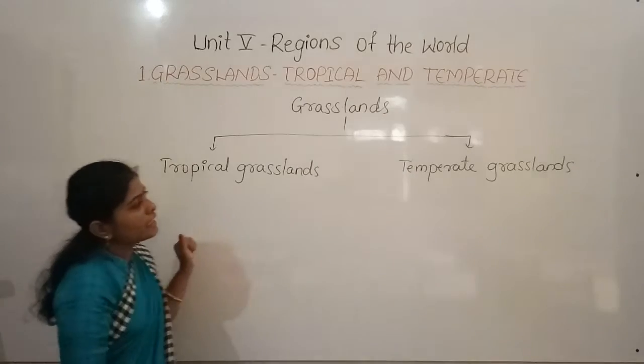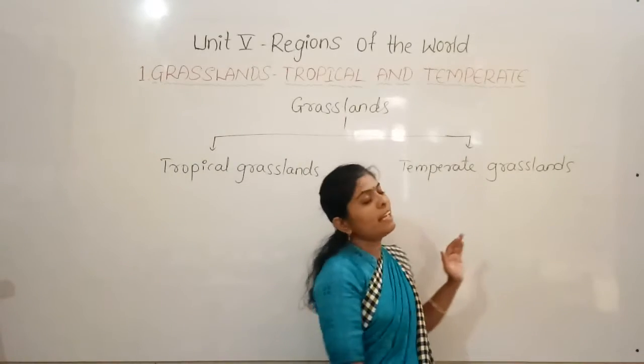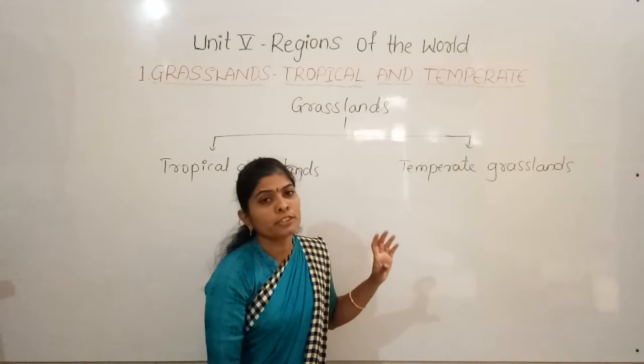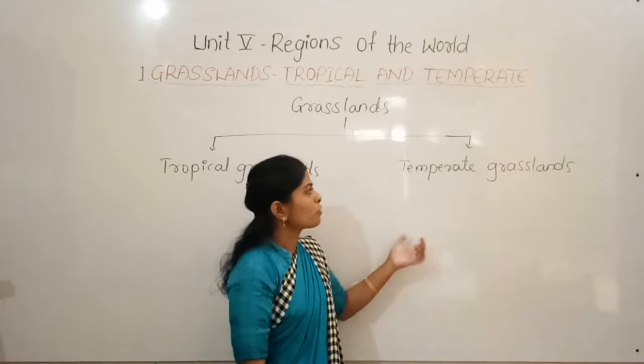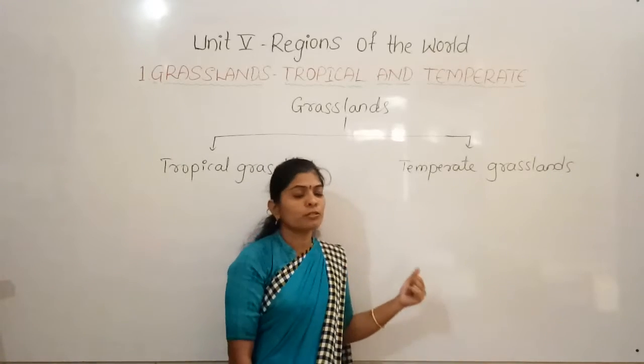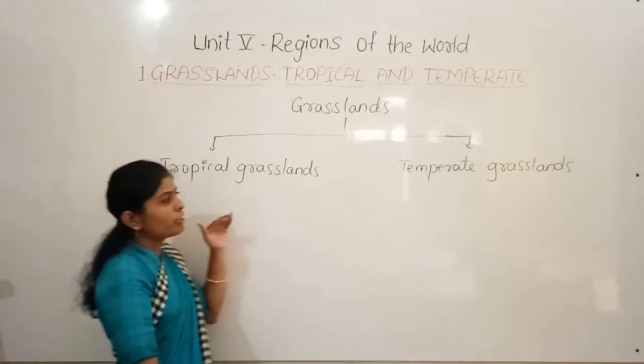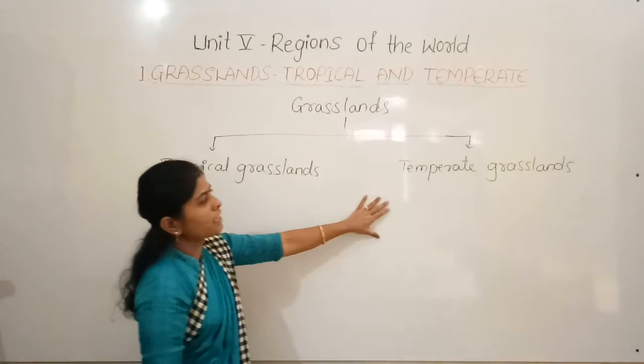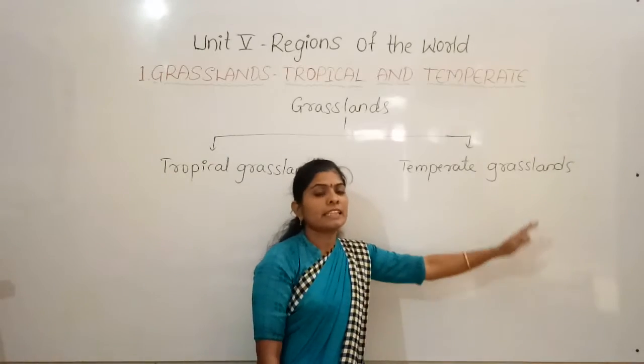And the temperate grasslands are located in the temperate zones. Okay, so they are present in the temperate zones. In today's class we can discuss the temperate grasslands in detail.